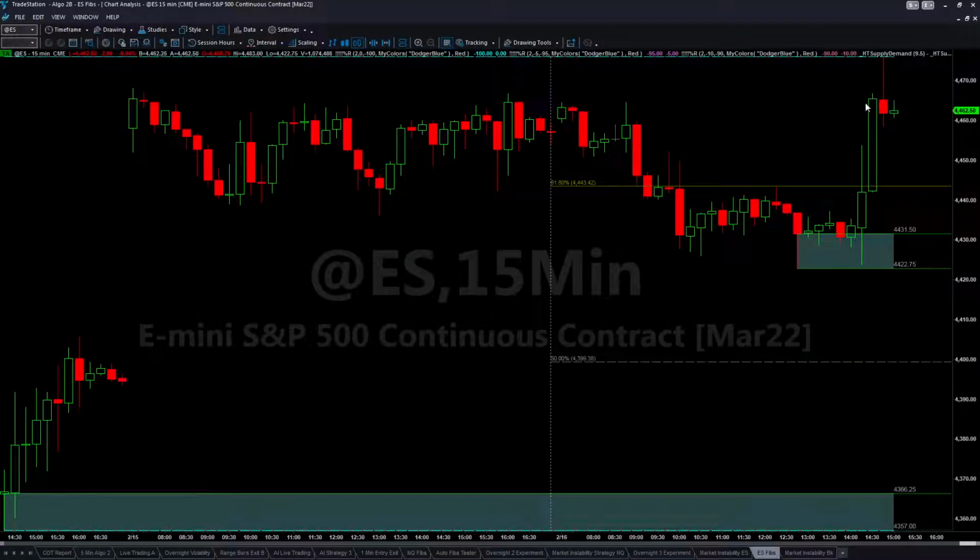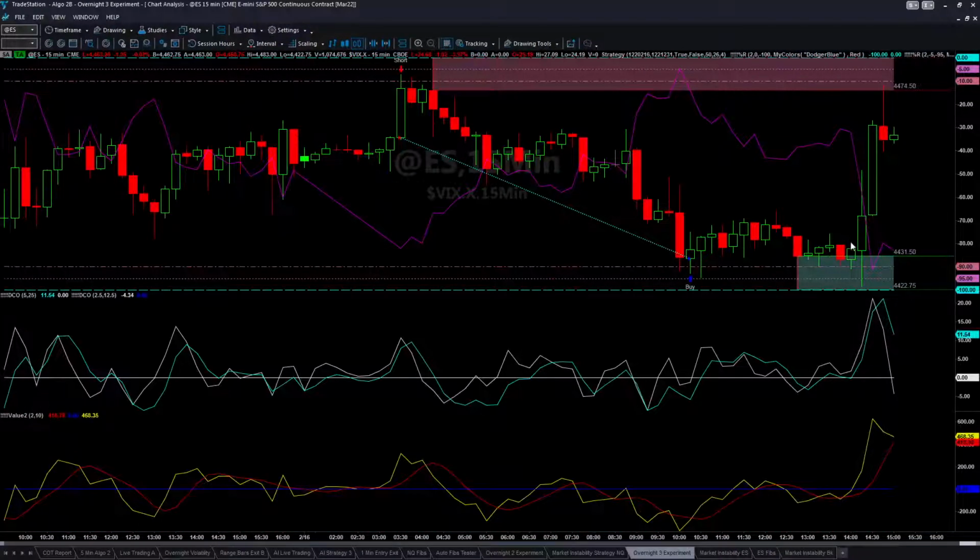Interested to see these Fibonacci's here. Wow. Wow, this was a really good trade. Sunk and boom. Wow. And that's kind of it for that.